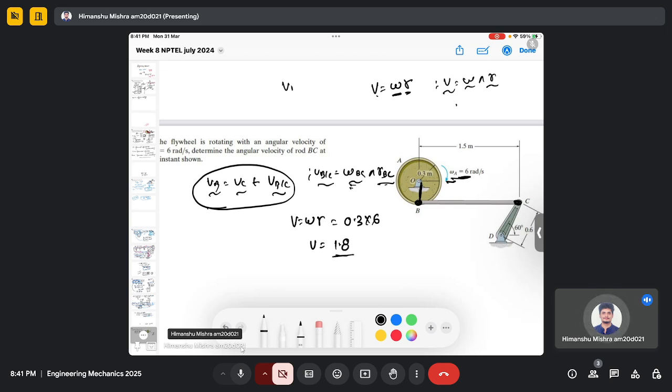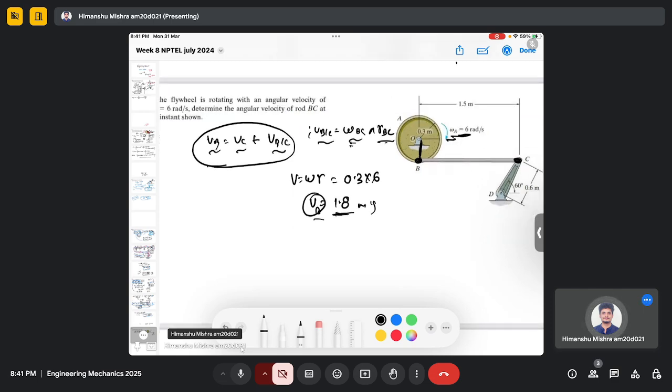The magnitude will be 1.8, but we need to define a vector. So this is my magnitude at point P, but we need to define the vector of VB. We don't only need a magnitude, we also need direction. So for that we will not use this scalar formula, we will use the vector formula.